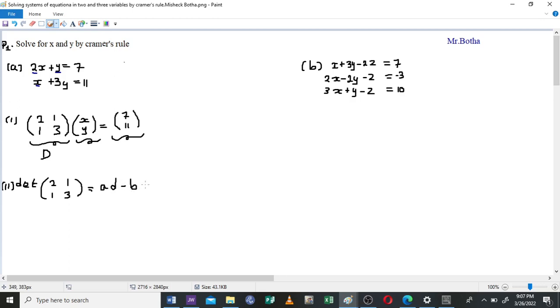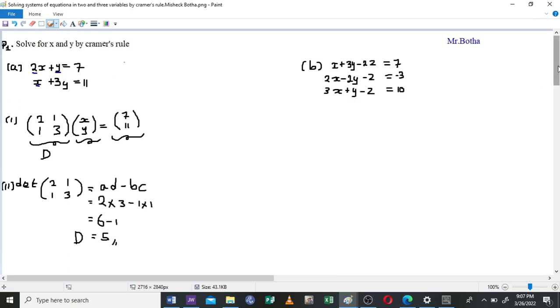If you don't know how to find the determinant of a 2 by 2 matrix or 3 by 3 matrix, you can just pause this video, scroll up, you are going to find 1 or 2 videos showing you how to do just that. Okay, so this means we multiply 2 by 3, and subtract 1 multiplied by 1, right? And this will give us 6 minus 1, and you are going to get 5. So this is the determinant of matrix D, which is the matrix of coefficients.